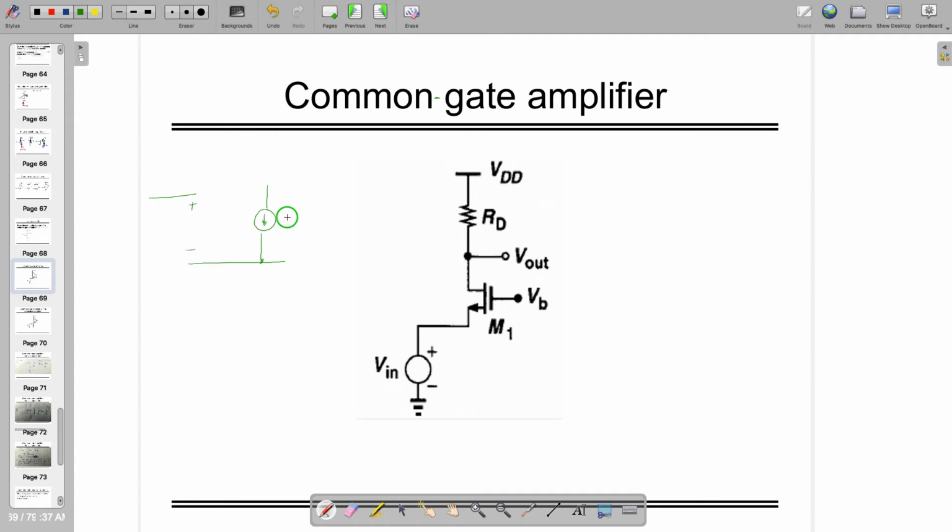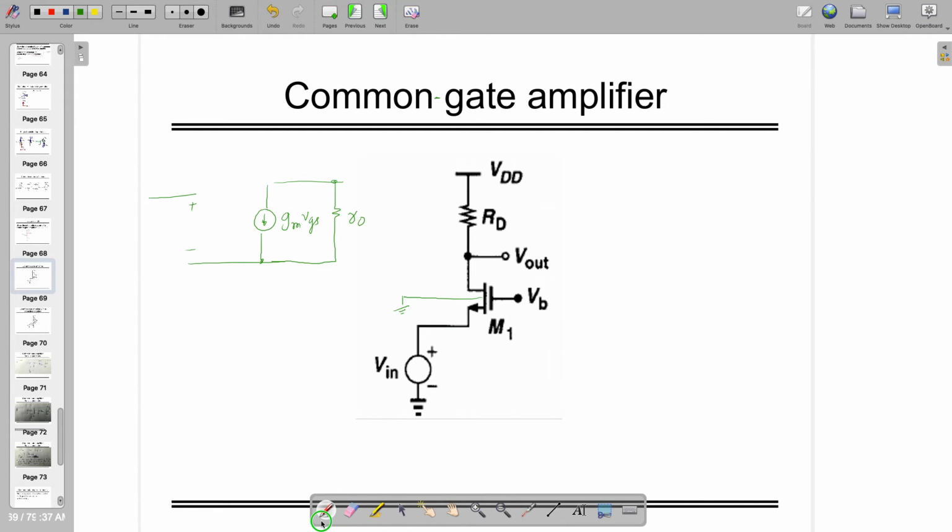Do you remember the small signal model? We have to replace this M1 with its model. Notably, here we are connecting the source to Vin and the body to ground. So body to source potentials are different.